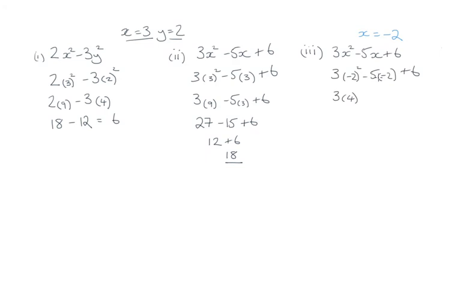And then minus 5 multiplied by minus 2, that's a minus multiplied by a minus, so that'll be a plus as well, so it's 2 by 5, so that's 10. That's plus 10, and that's plus 6. And then 3 by 4 is 12, plus 10, plus 6. Add these together, and you get 28.